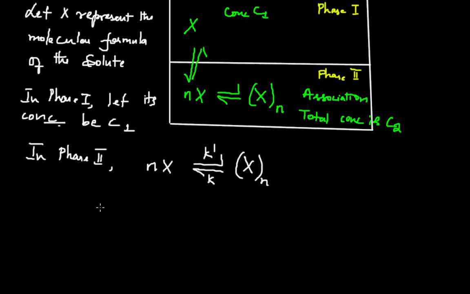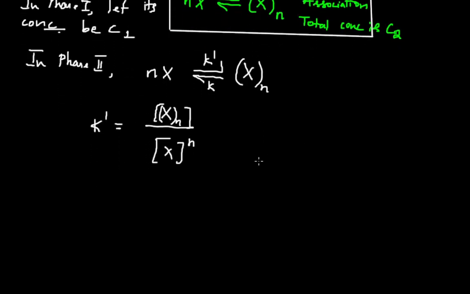Now what is this equilibrium constant K dash? That will be the concentration of Xn divided by the concentration of X to the power n, that is, concentration of products divided by concentration of reactants.